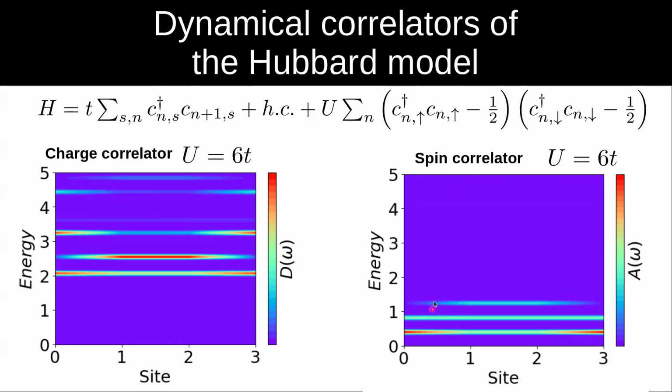In particular, if you have this relatively large value of U, you have spin excitations that are relatively close to the ground state. And if you compare with the spin excitations of the Heisenberg model, you would see that they have a very, very similar profile. And of course, this is related with the fact that the spin excitations in the Hubbard model are effectively the same as the spin excitations in the Heisenberg model if U is very large.